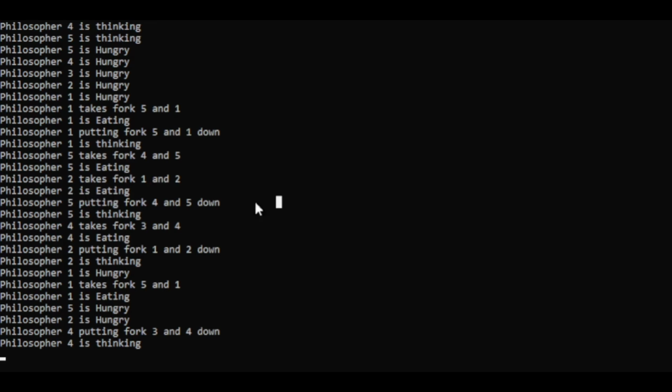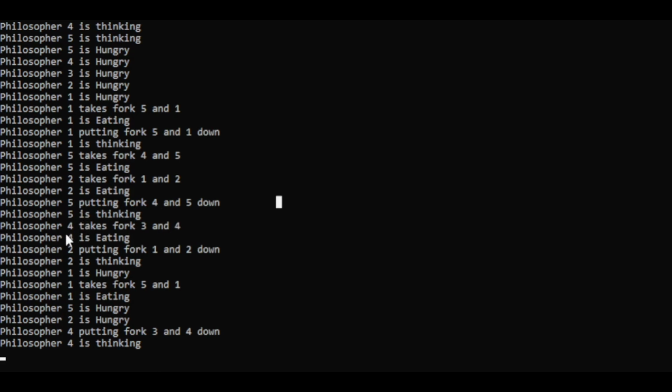In this situation, philosopher 5 is eating and philosopher 2 is eating. While philosopher 2 is eating, philosopher 5 puts forks 4 and 5 down, so philosopher 5 is thinking. While philosopher 5 is thinking, philosopher 4 takes forks 3 and 4, because fork 4 is now available.